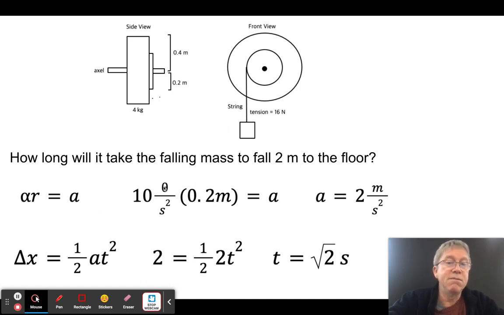Alpha is 10 radians per second squared. Now I've got to be careful. The radius of this part of the system that's attached to the string is 0.2 meters. So 10 times 0.2 gives me a translational acceleration of 2 meters per second squared. So now I know how fast this is accelerating towards the ground.